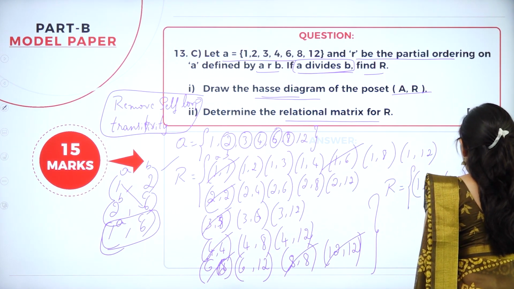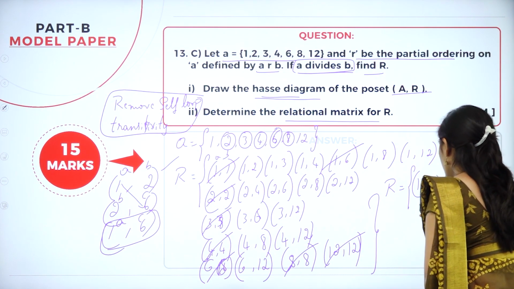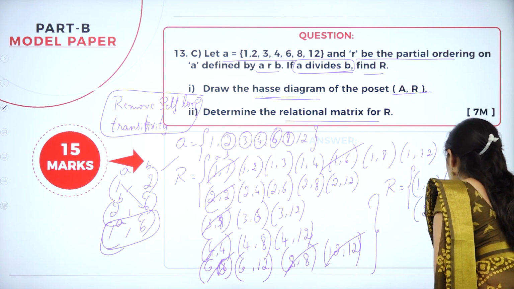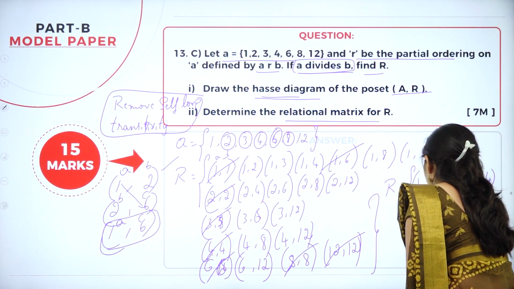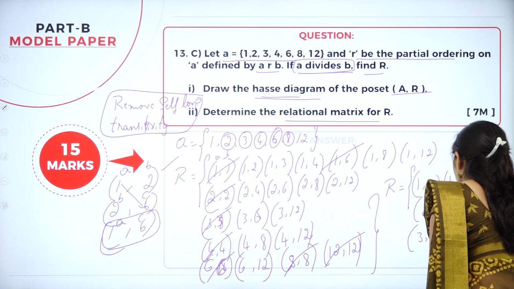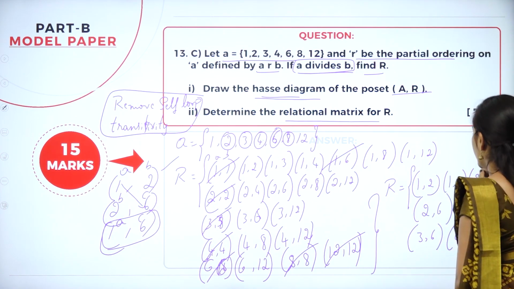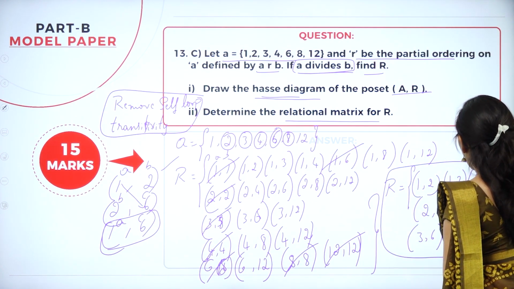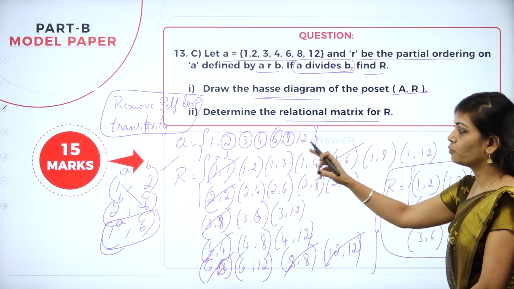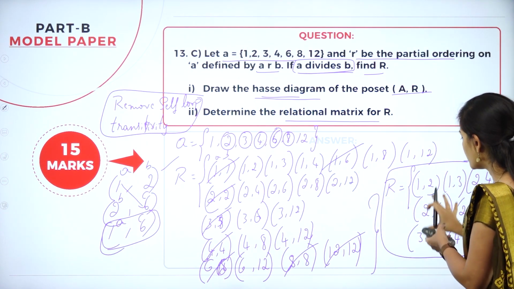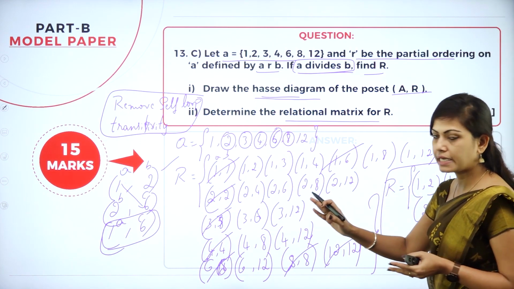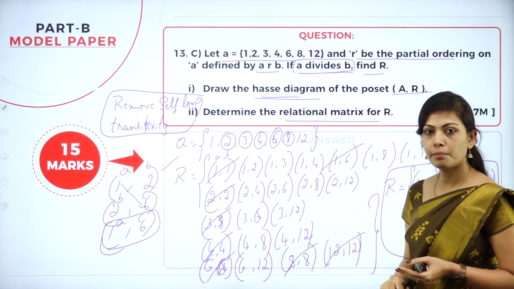And next is 2 to 4 and you will get 2 to 6 and 2 to 8 and 3 to 6 and 4 to 8. So you will get this final relation. For this relation, you have to write the Hasse diagram and relational matrix.